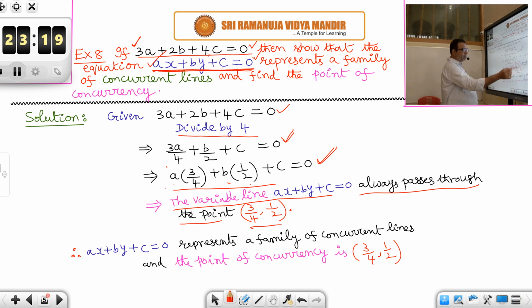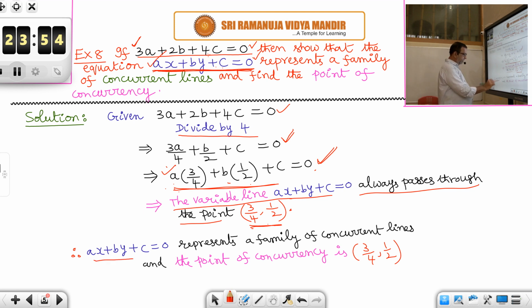Because when you substitute 3 by 4, 1 by 2 in this, you are getting this only, and that is 0 according to the given condition. Therefore, this line is passing through the point 3 by 4 comma 1 by 2, whatever may be a and b. You are changing a and b, but the condition is always satisfied. Therefore, this line always passes through this point. So this is a very tricky question, simple question.